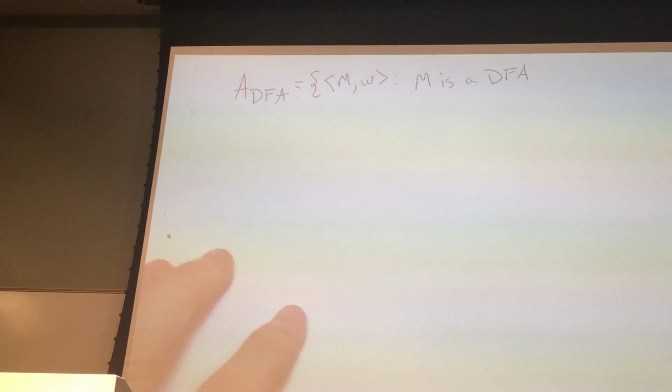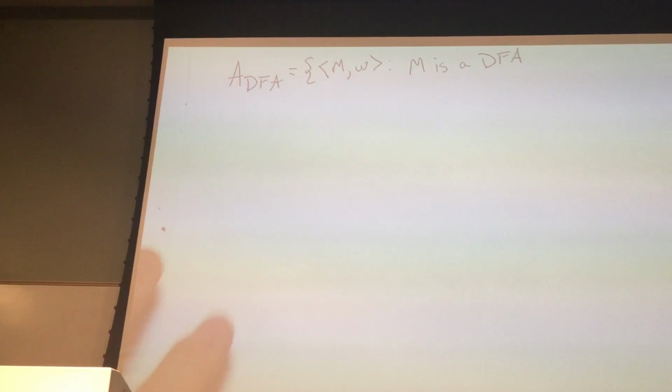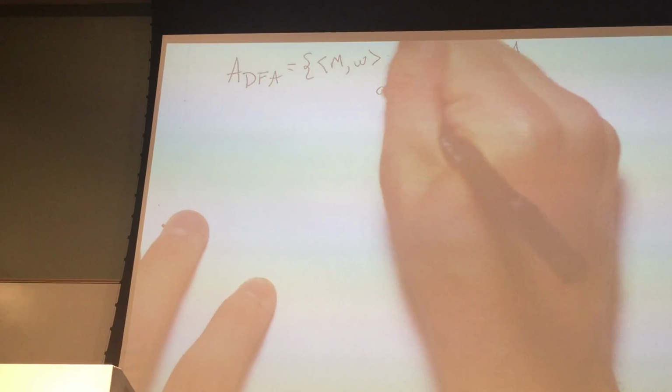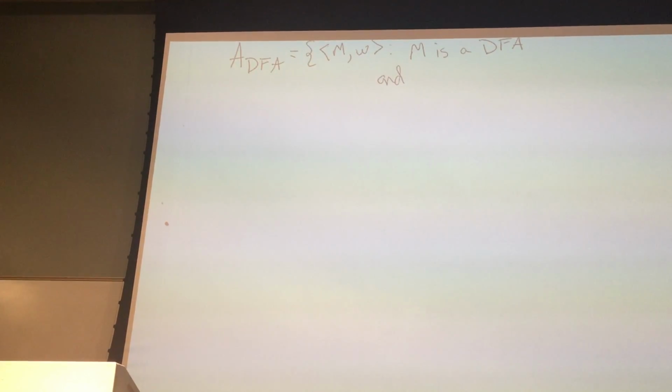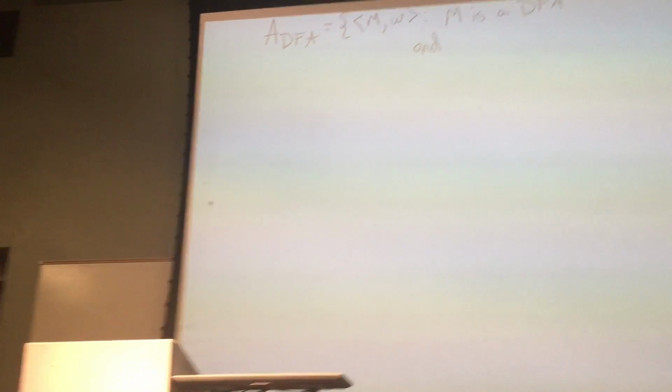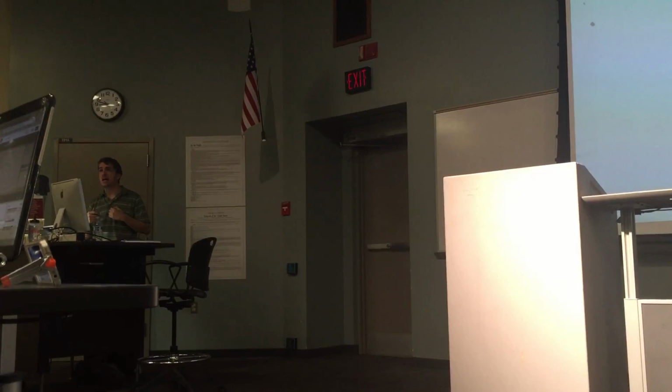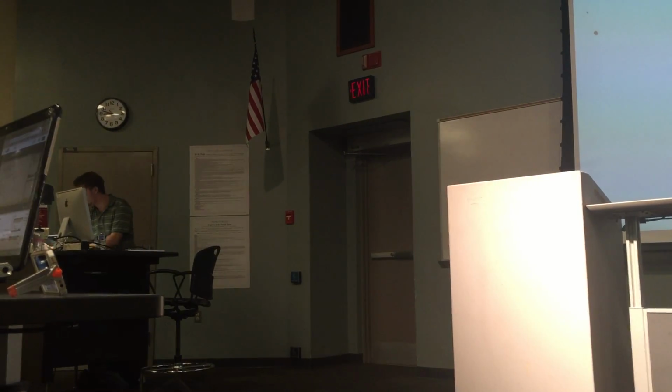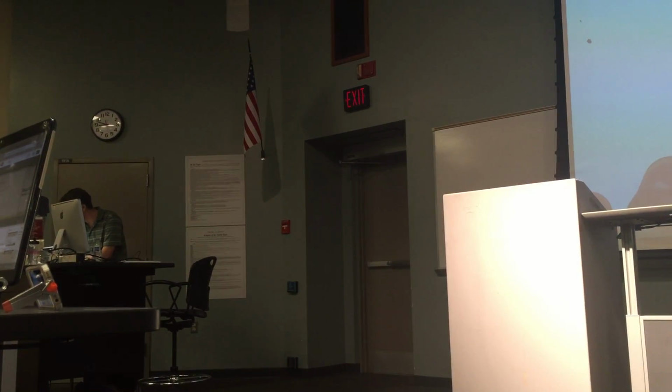If I don't ensure that it's a DFA, then we're already toast. And what do you think that A represents? It seems like acceptance, right? And so I kind of want to have this string be in the language of the machine. So w is in L(M).